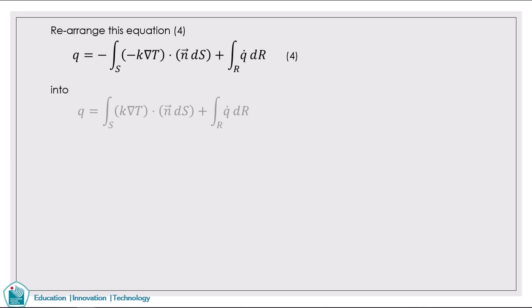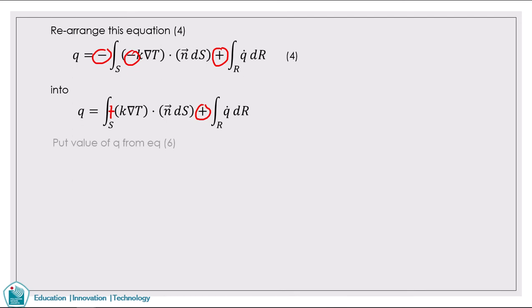And we can rearrange equation 4, this is equation 4, into this term. You can see this is a negative, multiplied by negative will become positive. And this one is still positive here. Okay?